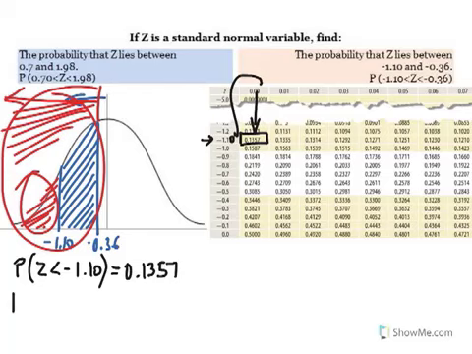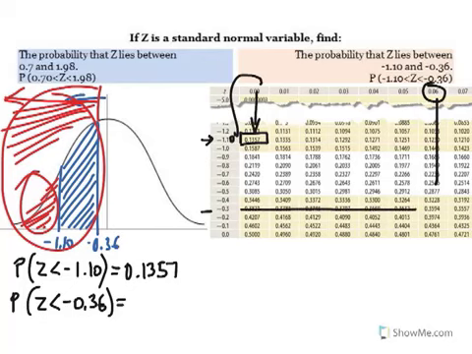What about the area to the left of z of minus 0.36? Where is that? We're going to find minus 0.3 here, and then go to the 6, and then go down here, and find the cell that matches the column and the row.